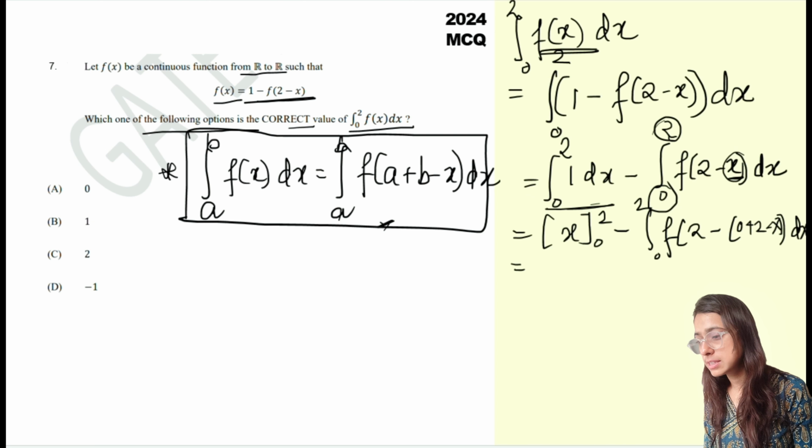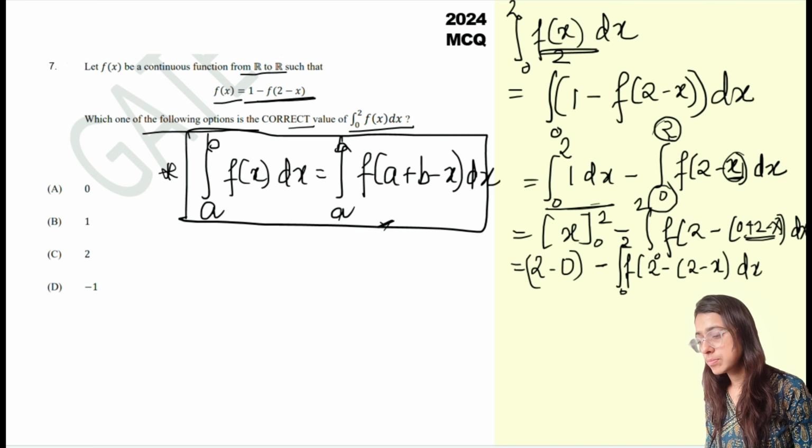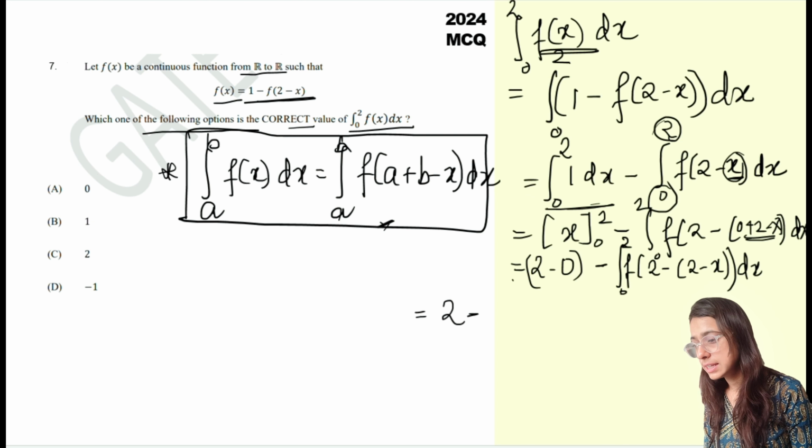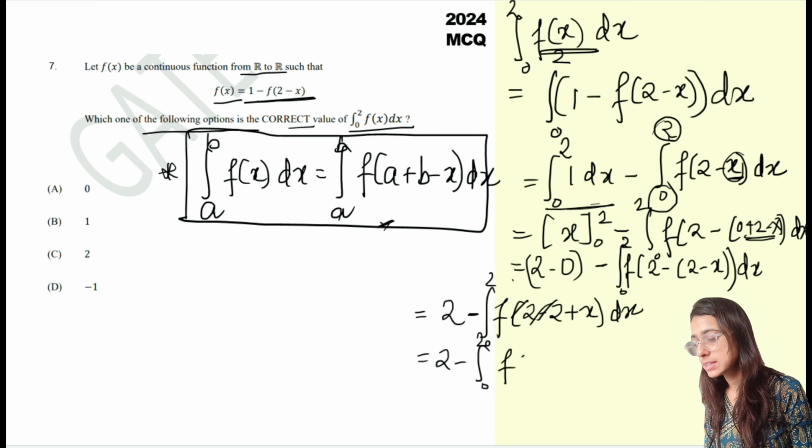So we will get 2 minus 0 minus the integral from 0 to 2 of f of 2 minus (2 minus x) dx. After this, 2 minus the integral from 0 to 2 of f of 2 minus 2 plus x dx. So this will get cancelled. We will get 2 minus the integral from 0 to 2 of f of x dx.